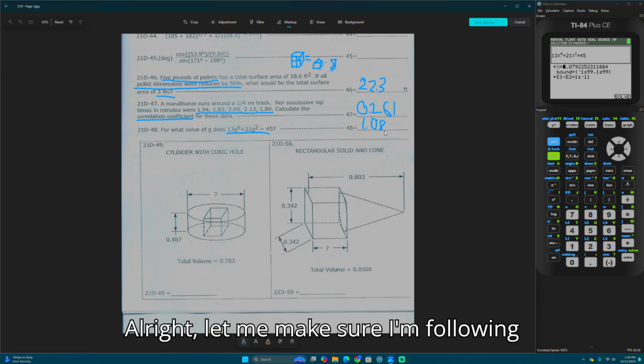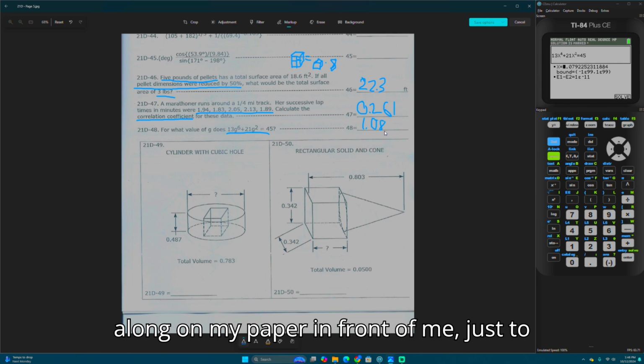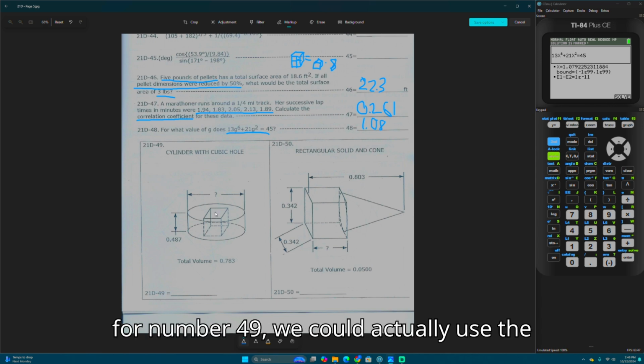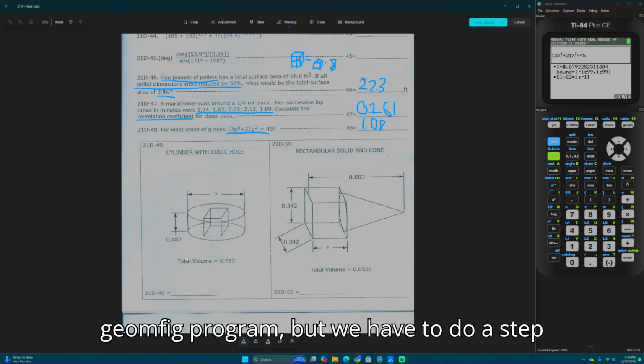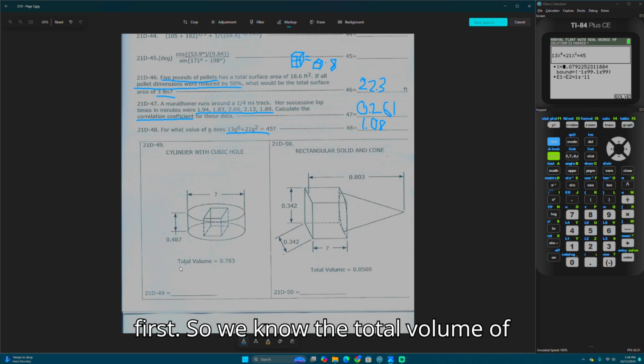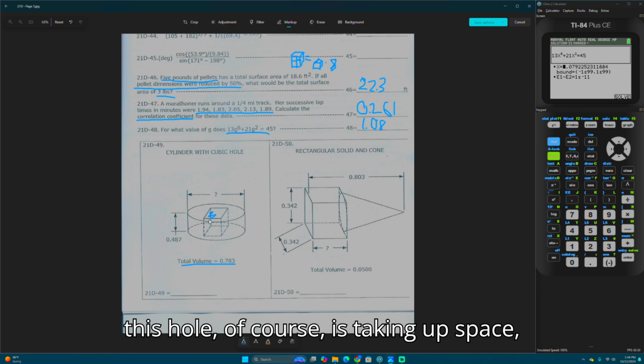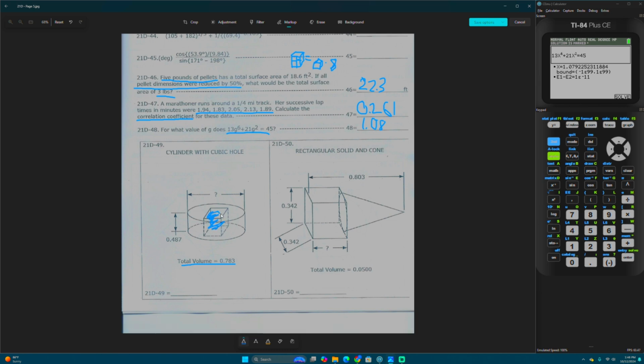Let me make sure I'm following along in my paper in front of me, just to make sure I'm getting this all right. Okay, so for number 49, we could actually use the geomfig program, but we have to do a step first. We know the total volume of this figure, excluding the hole, because the hole is taking up space. So it's not the entire cylinder volume, but the cylinder volume excluding the hole.